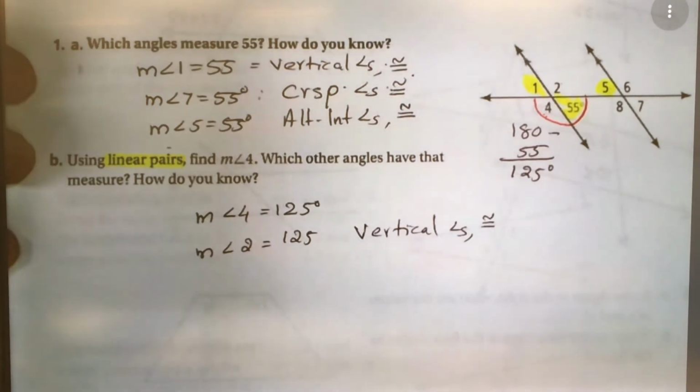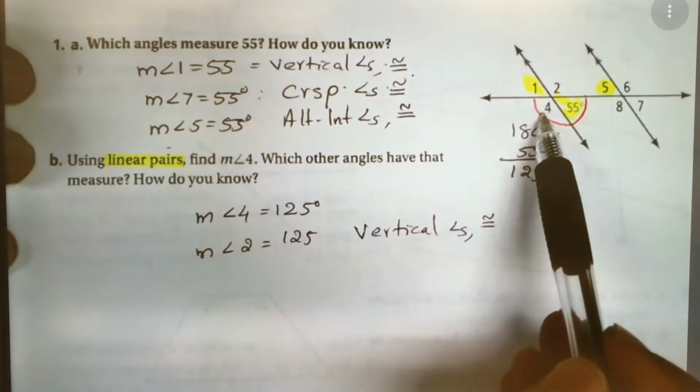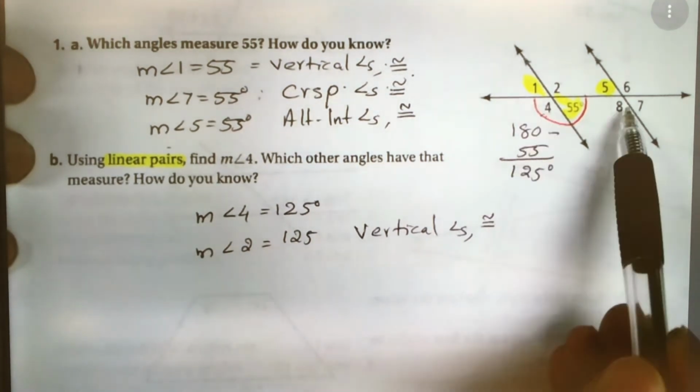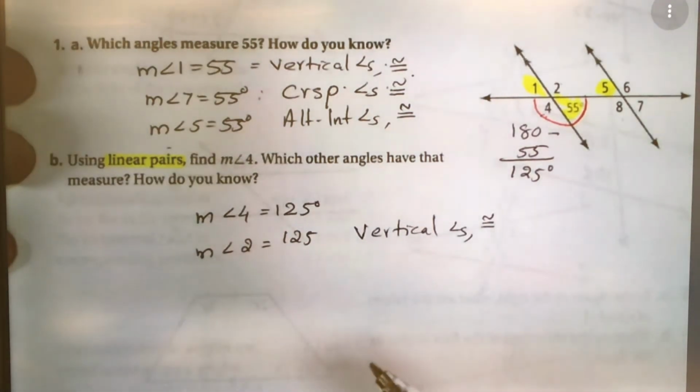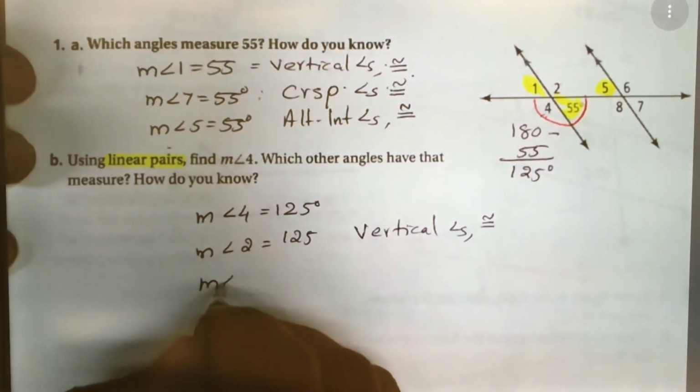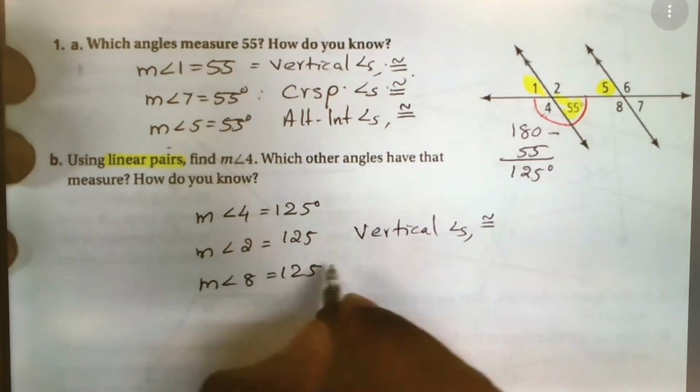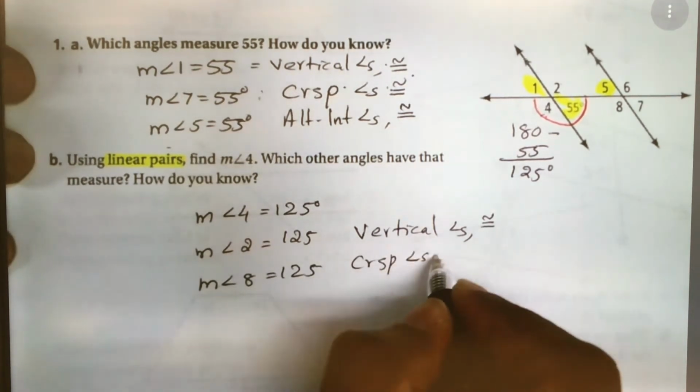Then you know corresponding angles are congruent. 4 and 8 are corresponding because they are in the same southwest location, the same spot. So the measure of angle 8 is also 125.